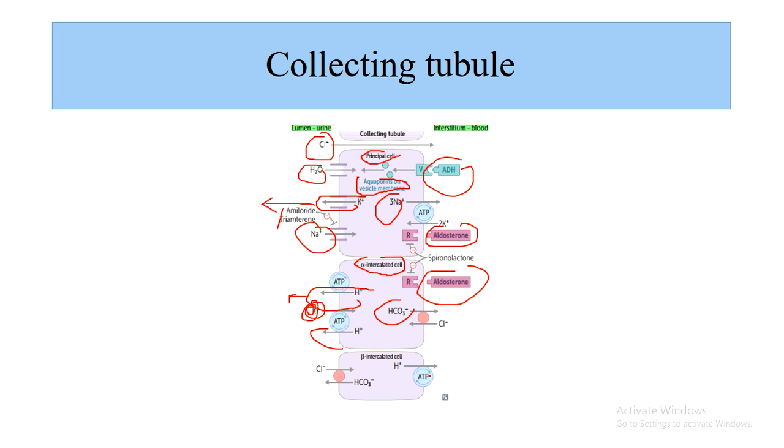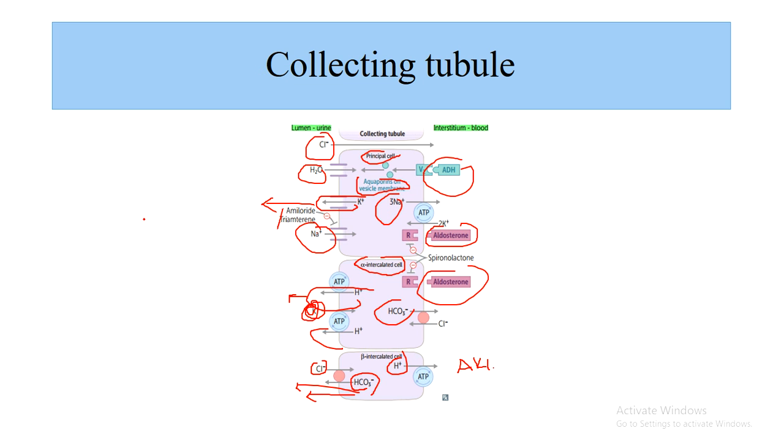Here at the beta intercalated cells, this is why we are able to excrete bicarbonate and then reabsorb chloride. This can happen just in case we have alkalosis. This cell might be activated. When we have alkalosis, then we reabsorb acid, and then we excrete bicarbonate for the purpose of homeostasis.